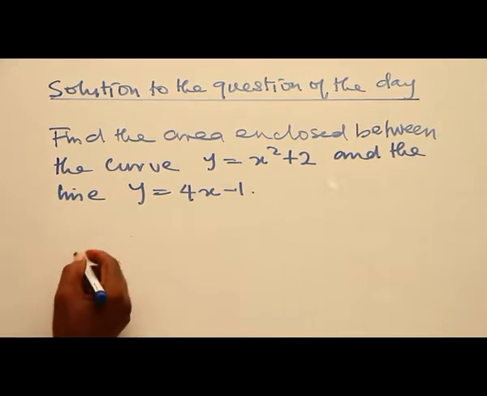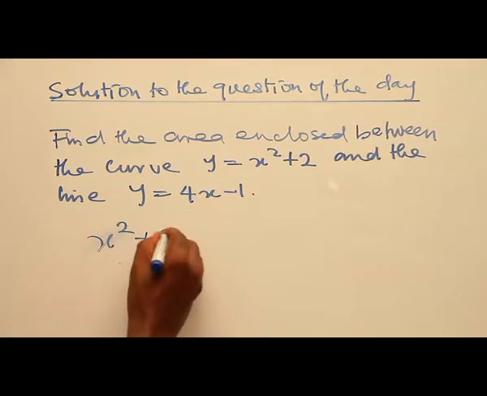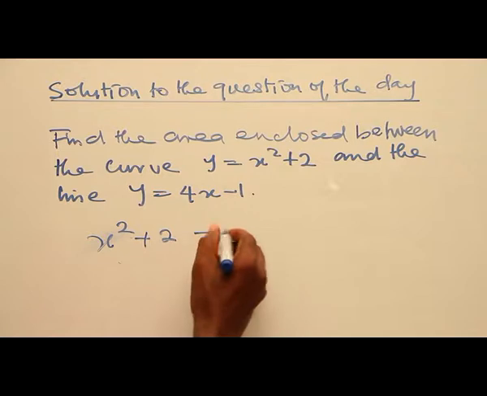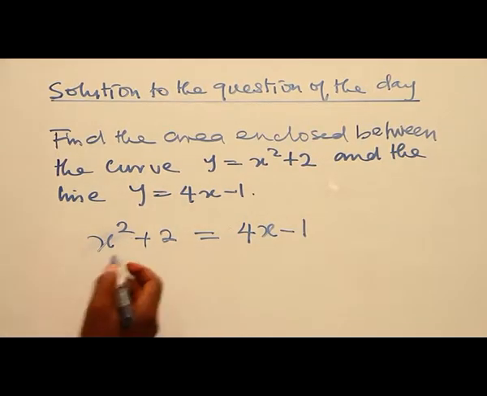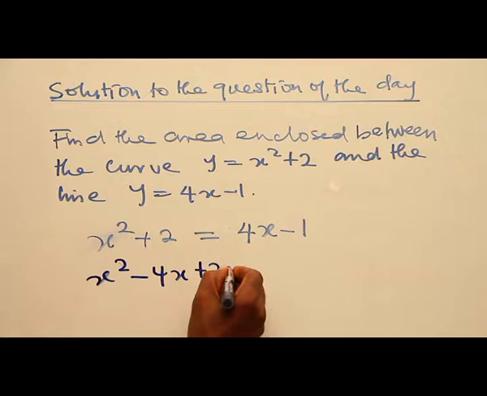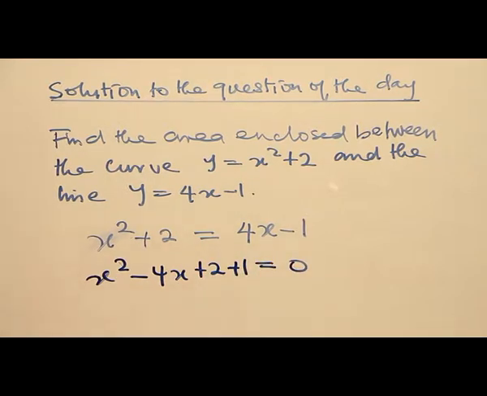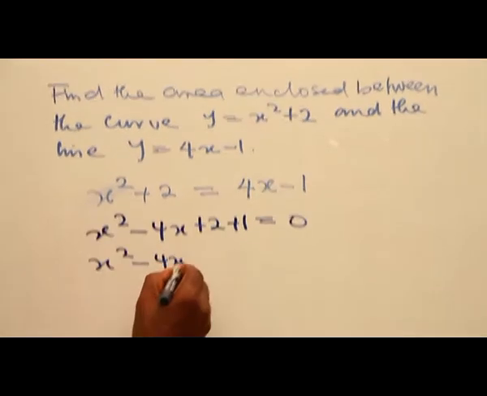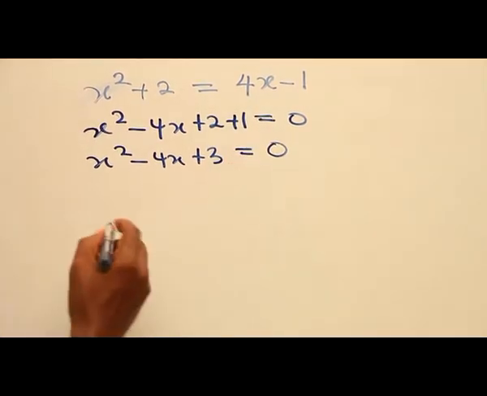So therefore, we have x squared plus 2 should be equal to 4x minus 1. Now, this becomes x squared minus 4x plus 2 plus 1 equal to 0, and that is x squared minus 4x plus 3 is equal to 0.